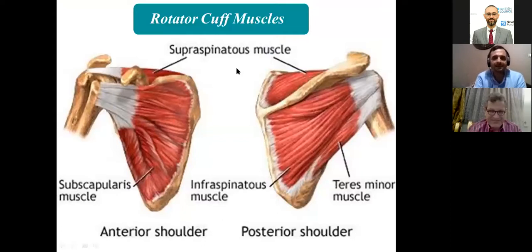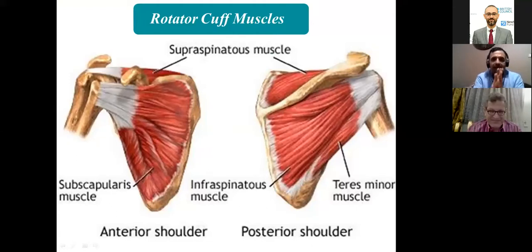To address total shoulder arthroplasty, we should have an intact rotator cuff, whether supraspinatus, infraspinatus, and teres. And also, as anterior stabilizer, we should have an intact subscapularis.